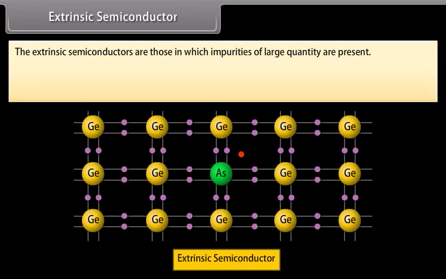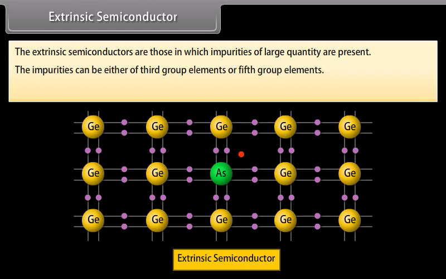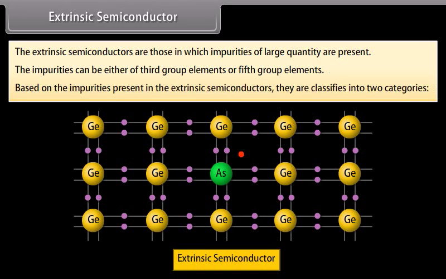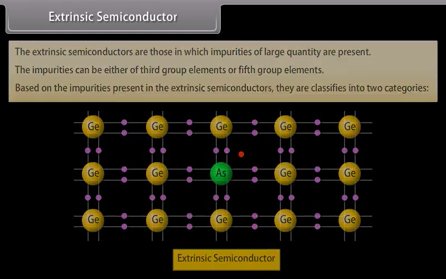Extrinsic semiconductor. Extrinsic semiconductors are those in which impurities of large quantity are present. The impurities can be either third group elements or fifth group elements. Based on the impurities present in extrinsic semiconductors, they are classified into 2 categories.